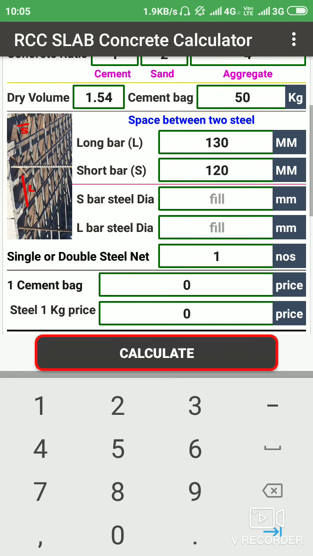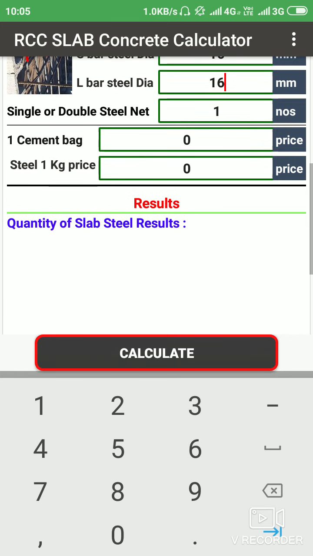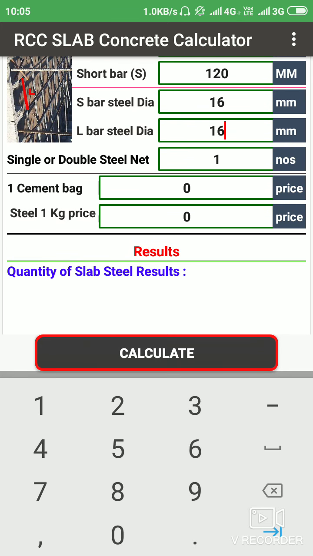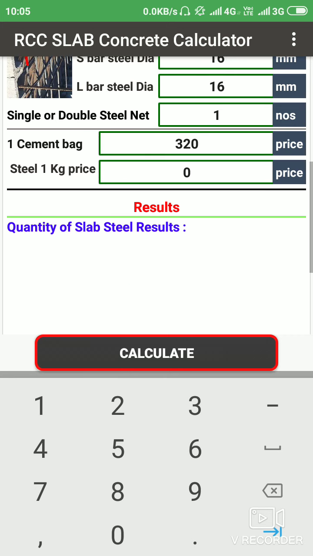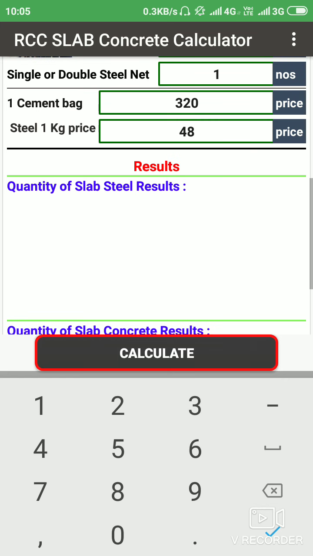Then again the diameter. If you consider the short bar and long bar, there is no need here because for a two-way slab both bars you can choose the same size while designing. So 16 mm by 16 mm. Bar diameter, okay. One cement bag price is 320 rupees, and 1 kg of steel price we suppose keep at 48 rupees.